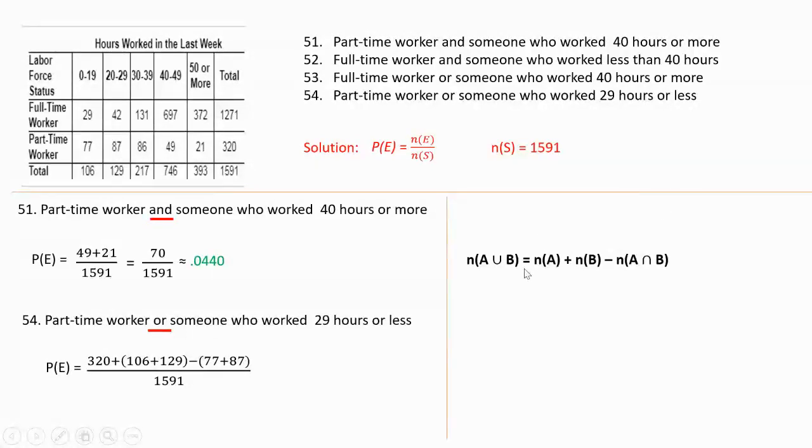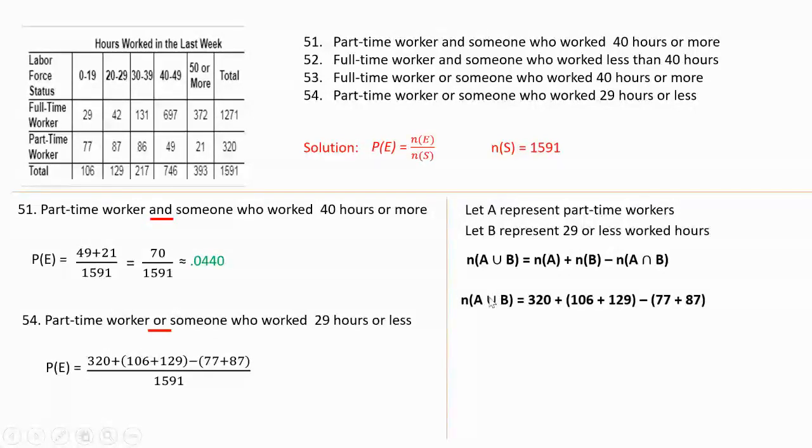Okay, but this on the right will illustrate it better. They represent the part-time workers, and they'd be representing 29 hours or less worked hours. So the part-time workers are going to be the 320, right? These are my part-time workers.